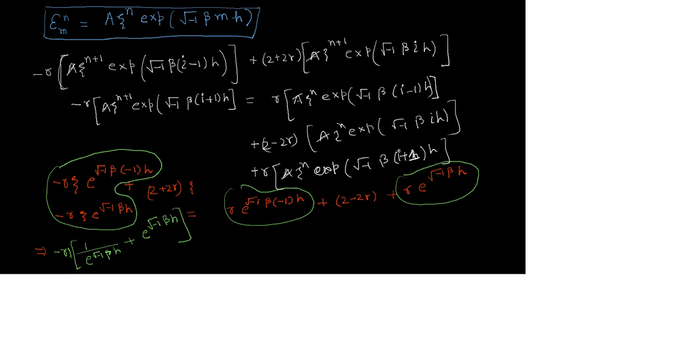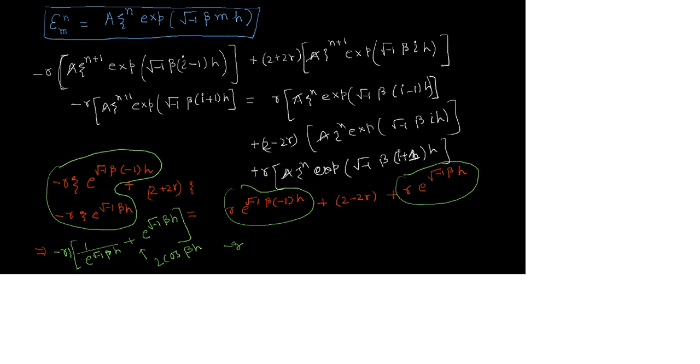So what we are getting, let me write it. Finally we are getting minus r, this will be 2 cosine β h.